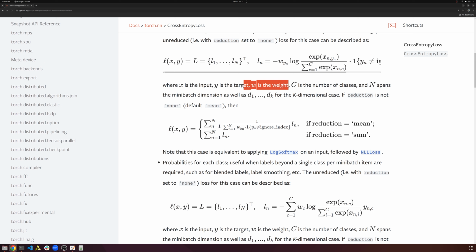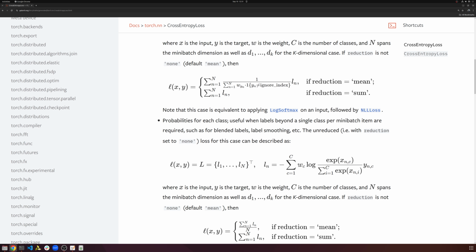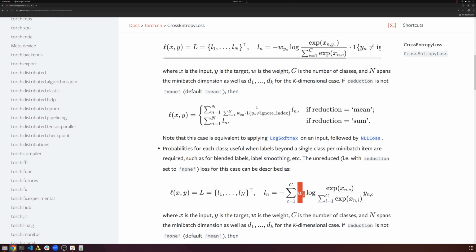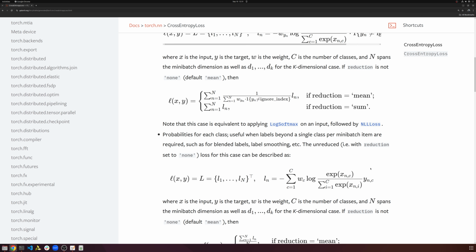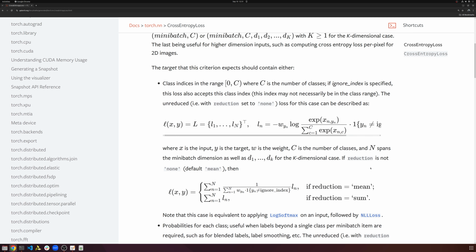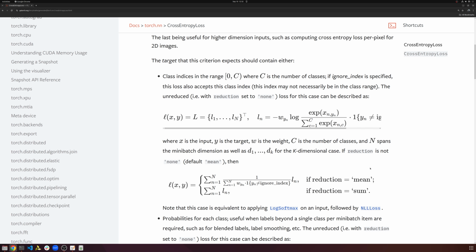We don't have a weight in our case, so ignore it. The weight is for when you have unbalanced classes, and we'll talk about this later, but for now, ignore WC. So it's just the log probability times the y value, what the true y value was. And so what does this exactly look like? Y is the target. The way to think about this is kind of like this.